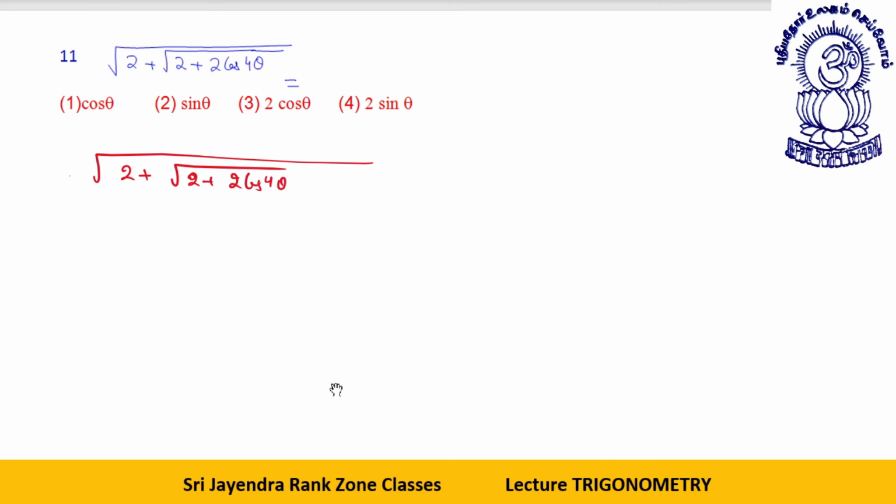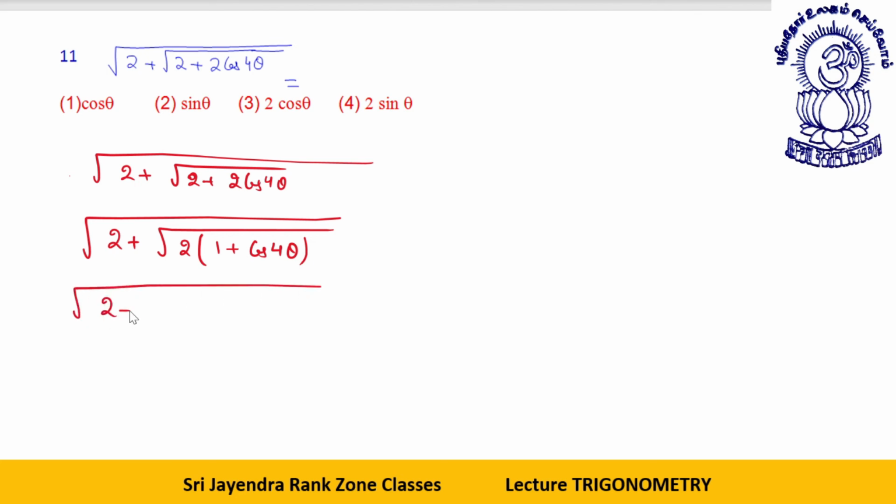Now, for 2 plus 2 cos 4 theta, I'll take a 2 common and write this as 2 into 1 plus cos 4 theta. 1 plus cos 4 theta I will further write as 1 plus cos twice of 2 theta.